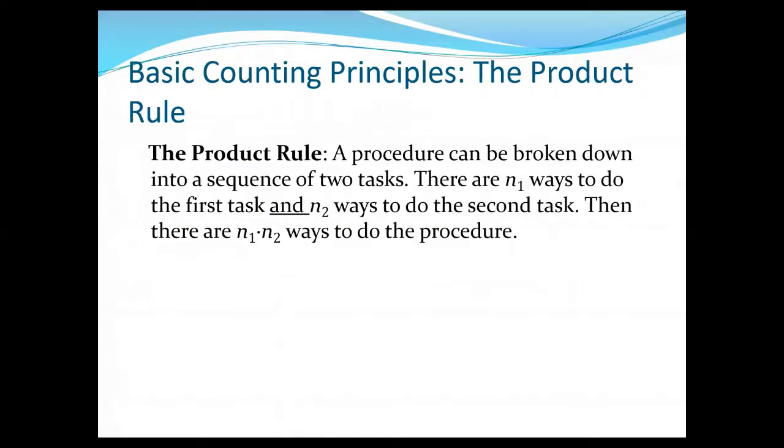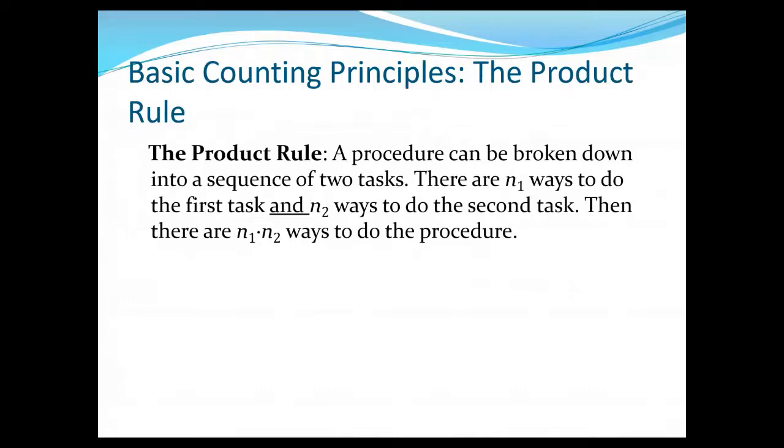The product rule means a procedure can be broken down into a sequence of two tasks. There are n sub 1 ways to do the first task and n sub 2 ways to do the second task. Then there are n sub 1 times n sub 2 ways to do the procedure.